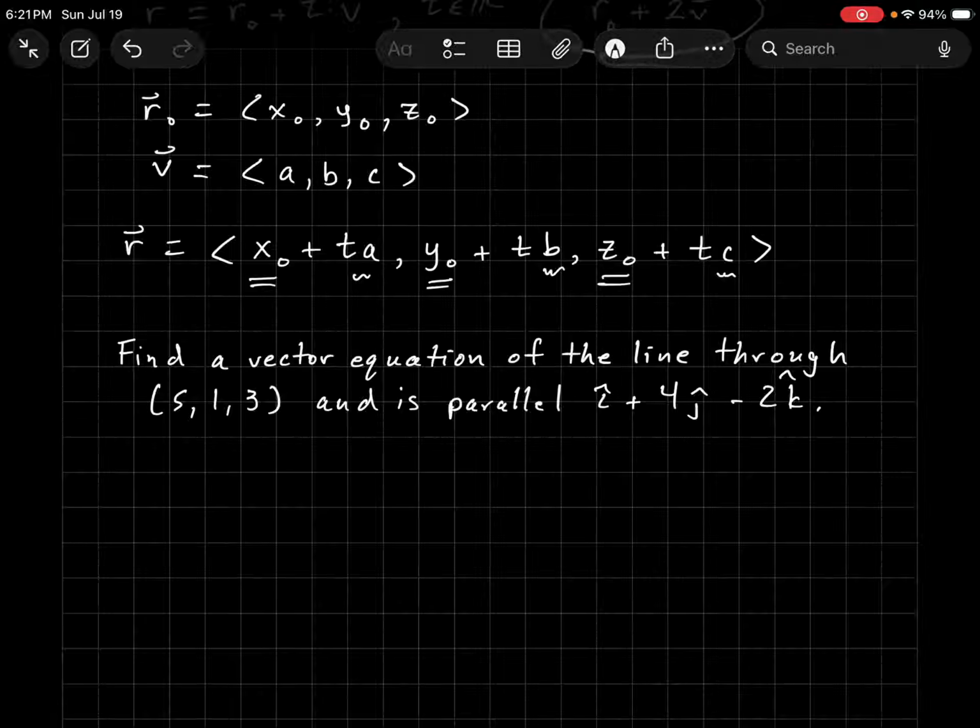And then we're going to find another point on the line. So it's pretty simple once you get used to it.